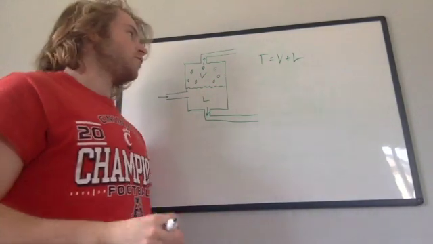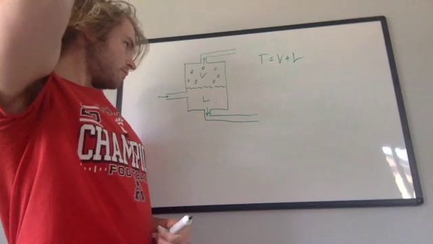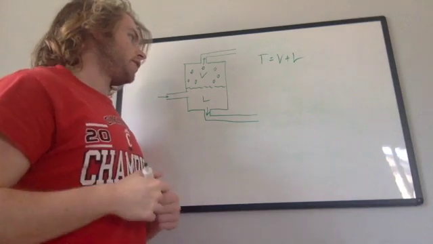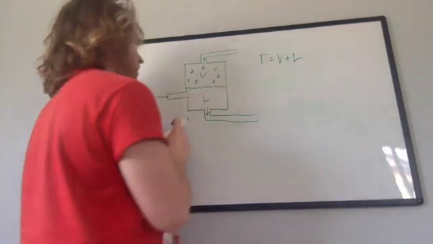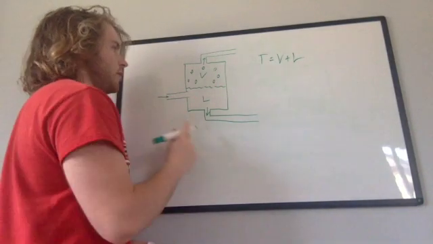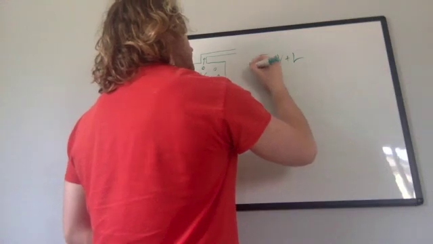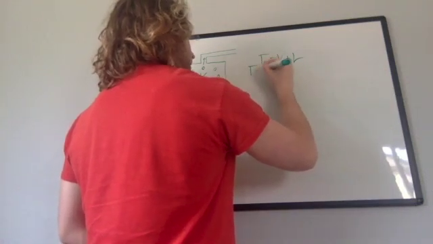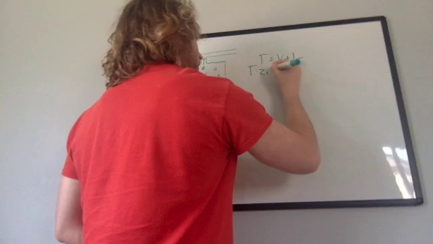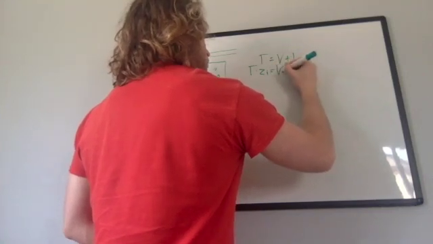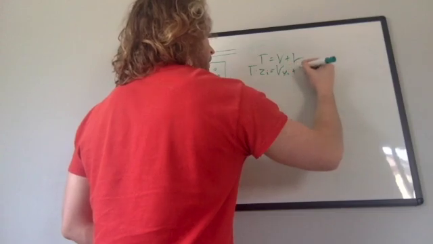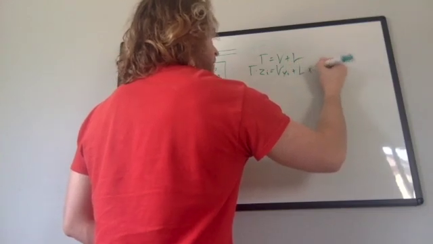And we can also multiply this by the mole composition. So we're going to say that the mole composition going in is Zi. So we get T times Zi is equal to V times Yi plus L times Xi, right?